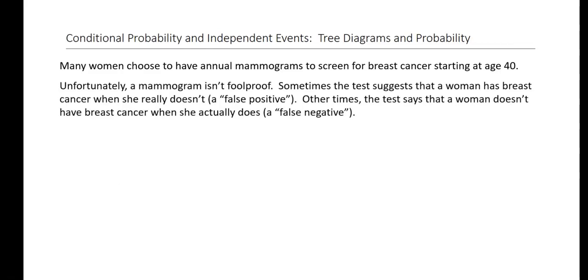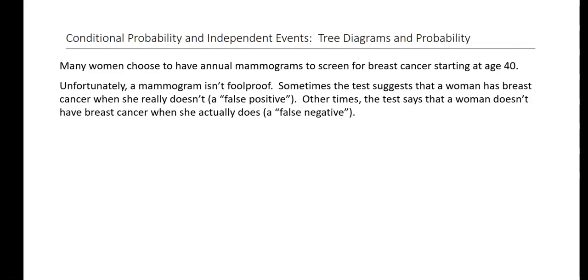Many women choose to have annual mammograms to screen for breast cancer starting at age 40. Unfortunately, a mammogram isn't foolproof. Sometimes the test suggests a woman has breast cancer when she really doesn't. It's called a false positive. Other times you get what's called a false negative, and both are bad. Which is worse?